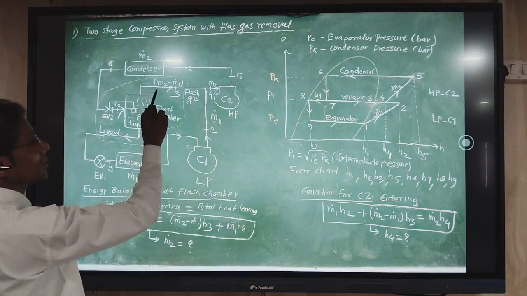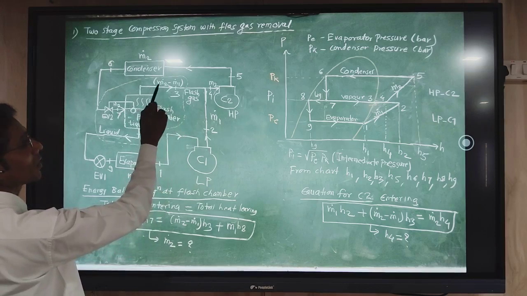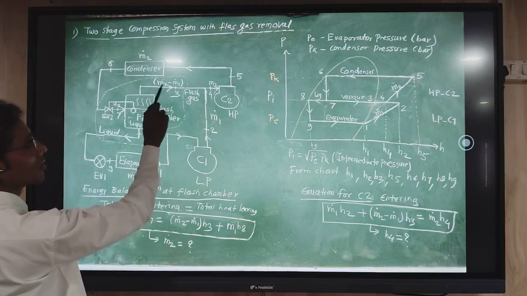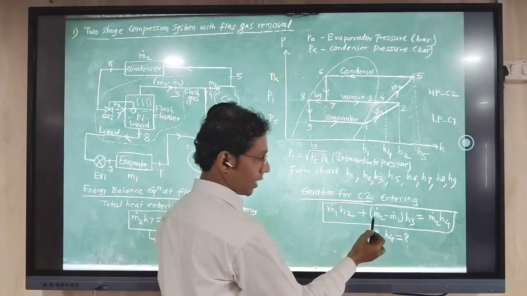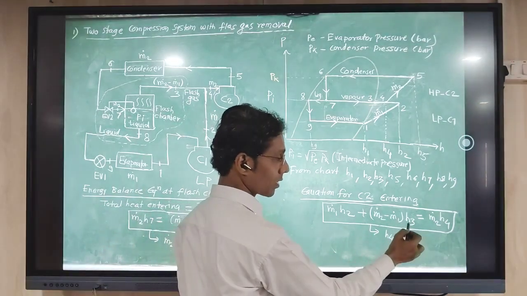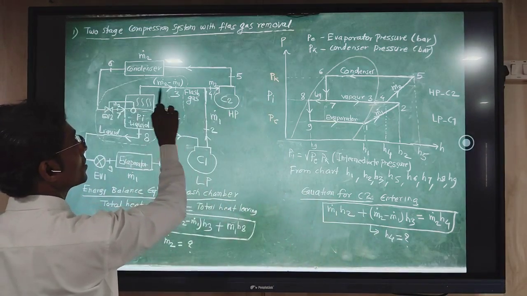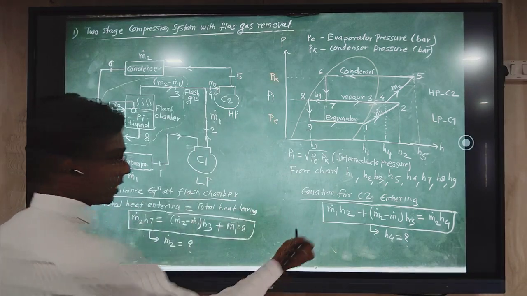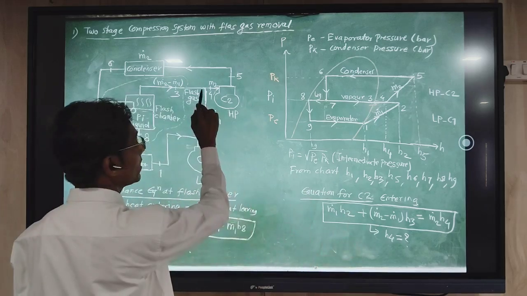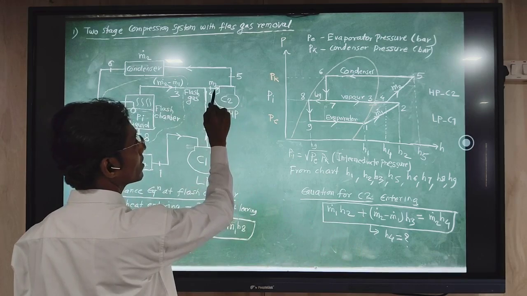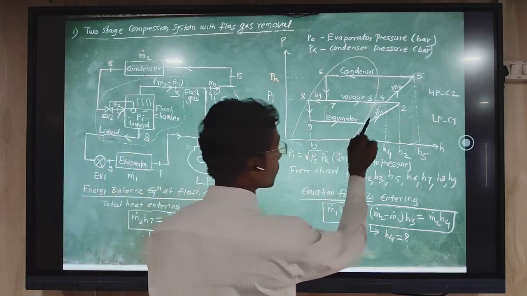Similarly, the heat content present in the line coming from the flash chamber will be the corresponding mass flow rate, M2 dot minus M1 dot in brackets, multiplied by point number 3 enthalpy, H3. This will be the heat content present in the line coming from the flash gas chamber. These 2 lines are coming together, so there is a summation of these 2 heat contents, and these are going to the compressor. So at the compressor entry, the condition of the refrigerant will be what? Point number 4.